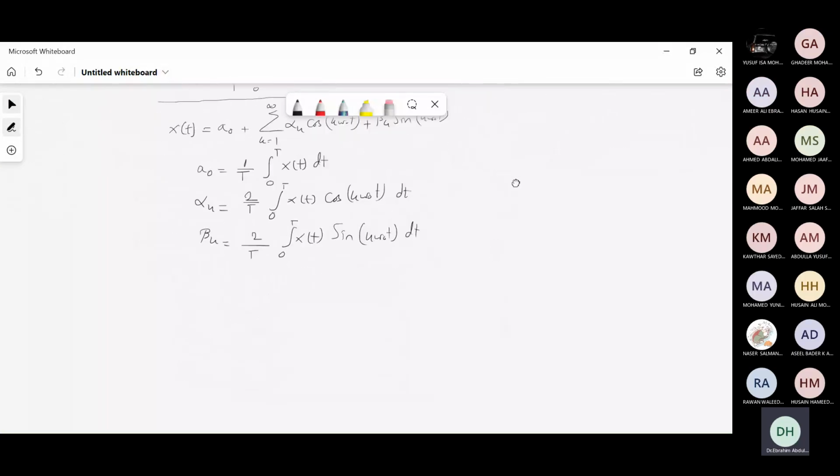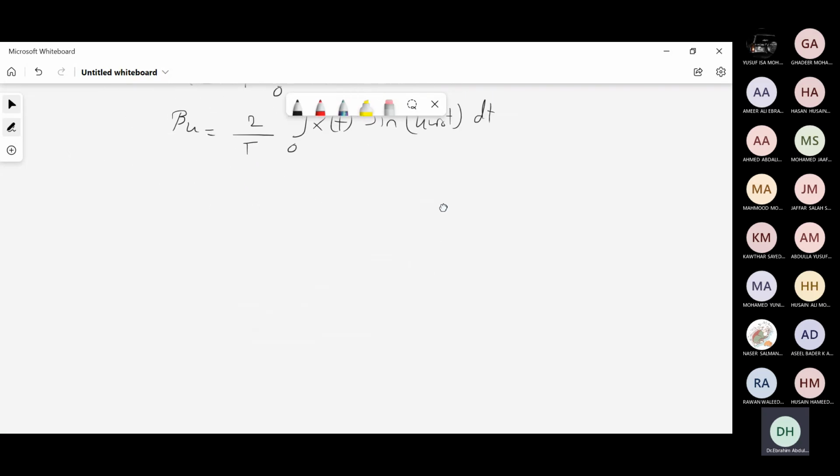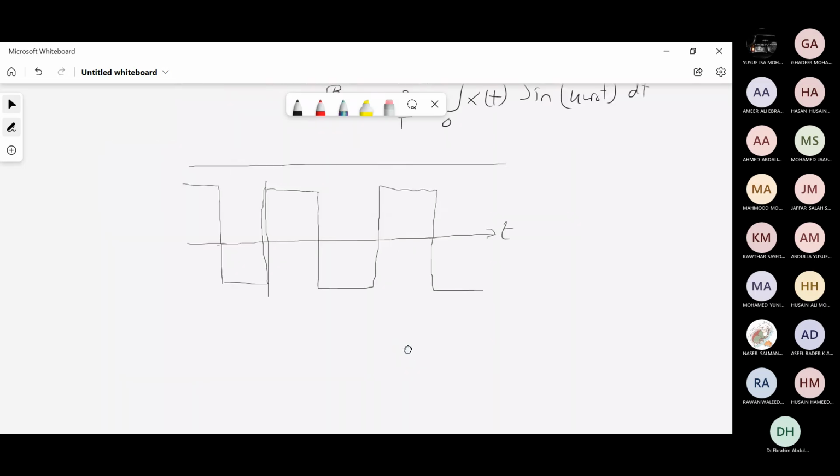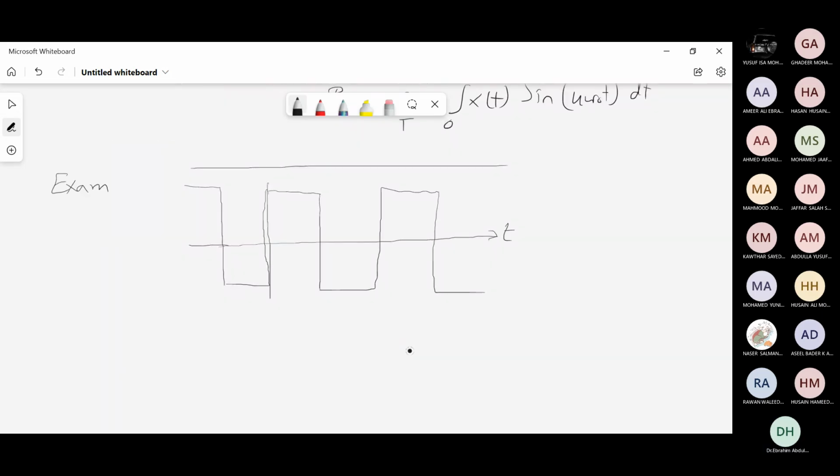Okay, let's clarify it now. Of course it is all just calculus, because it is really integration. If you know the law and know what to do, that's it, we just get to applying calculus. So let me say that we have a square wave. This is T. Okay, example: the amplitude here is equal to A and here equal to minus A, and let me say that this is my period T, any number.